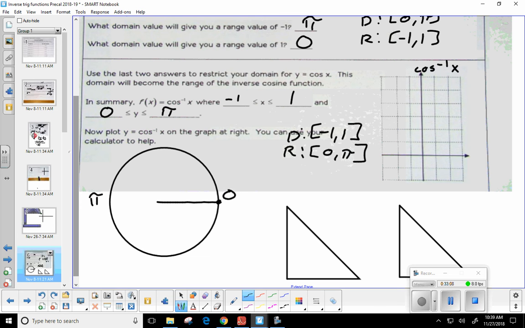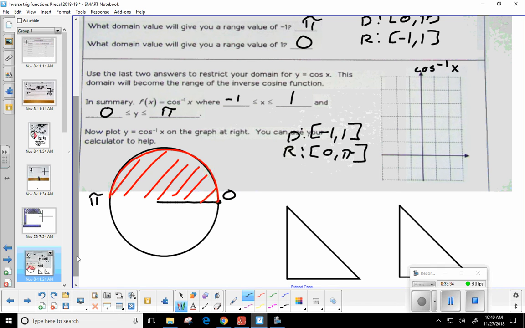Sine inverse was restricted to the right half, quadrants 1 and 4. Cosine inverse is restricted to the top half, which are quadrants 1 and 2. So we have the same input, but we're going to be looking for different quadrants. Cosine inverse can only exist in quadrants 1 or 2.